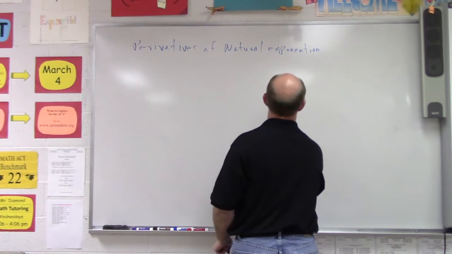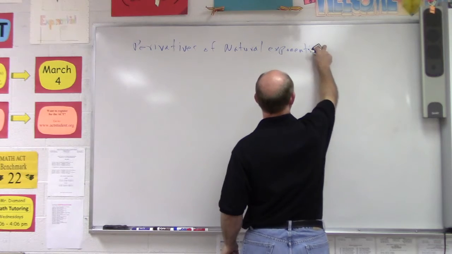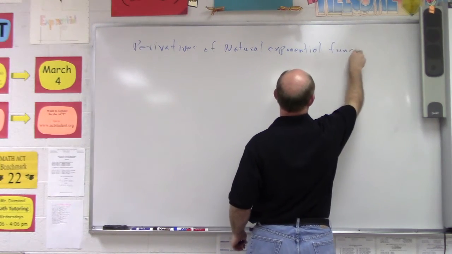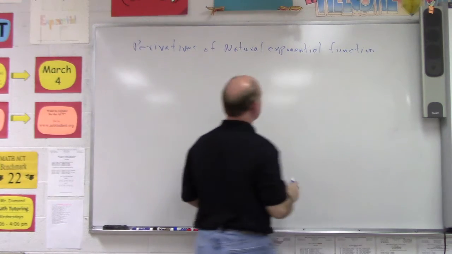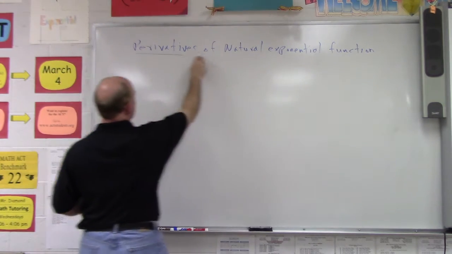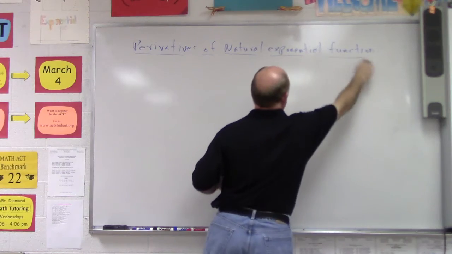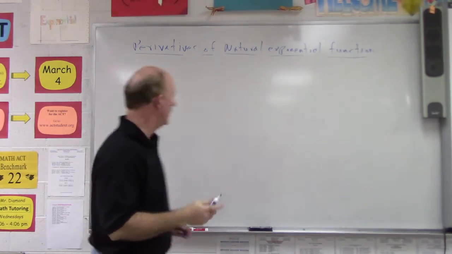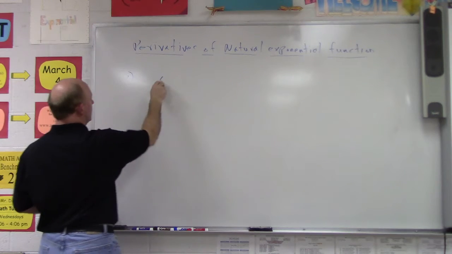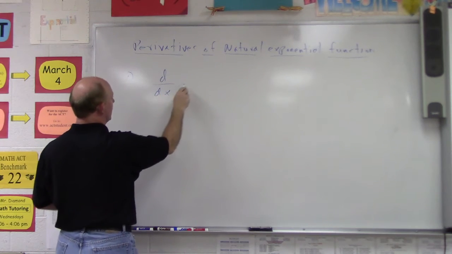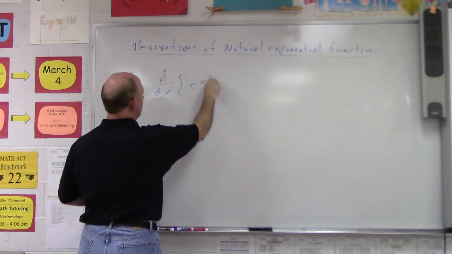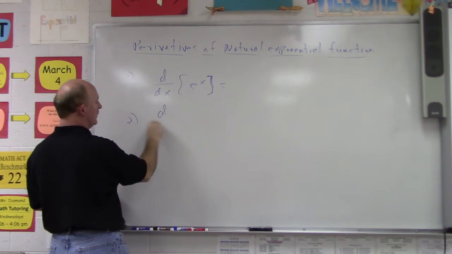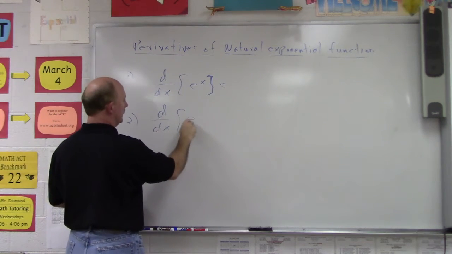Right, so derivatives of e functions: how to find the derivative. That's going to be two parts. The first part, get the derivative of e to the x. And part two, we do derivatives of e to the u.